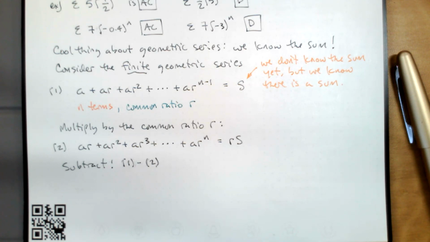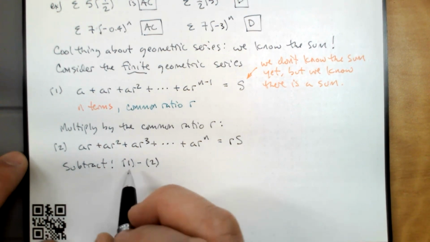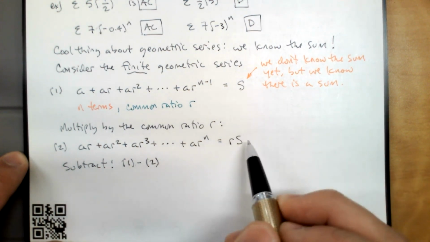It doesn't really matter because we're just multiplying by negative 1. But I'm going to fall into habits where I write things the other way around, and you're all going to wonder why I switched. So let's take line 1 and subtract line 2.